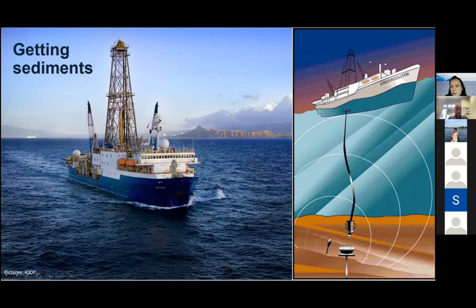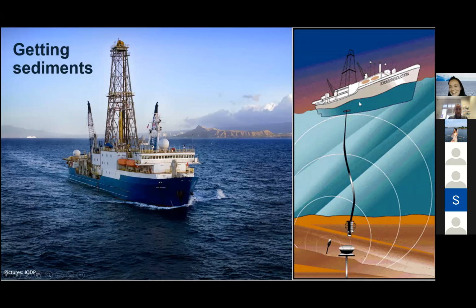The ship that we were using to do all this work was the JOIDES Resolution. This big drill ship is basically a floating drill rig with lots of labs, a little bit of accommodation, and some food.